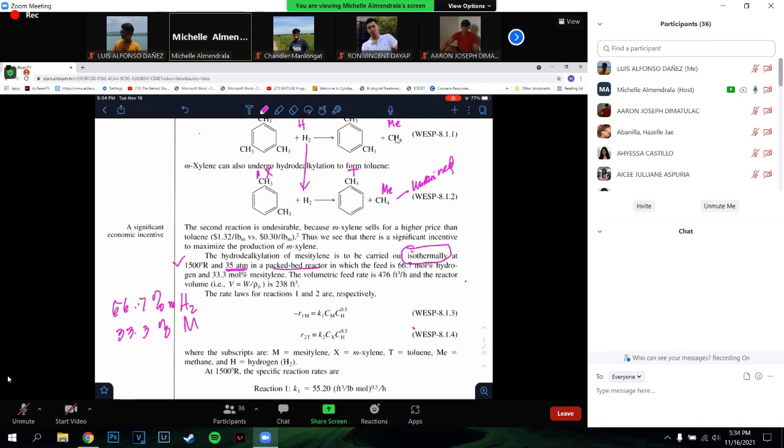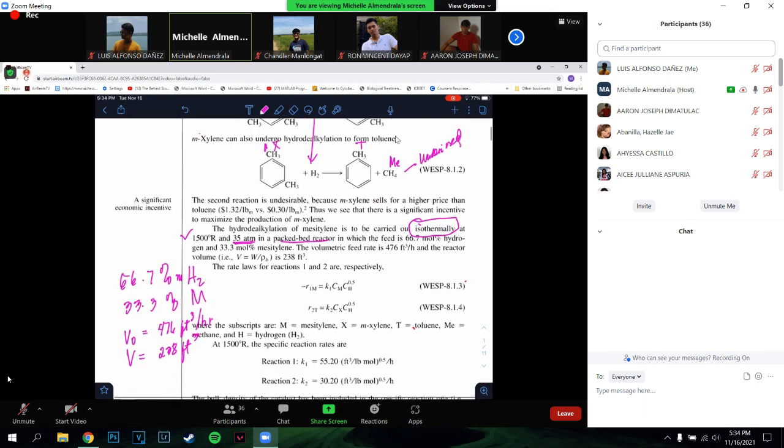The volumetric feed rate, V sub 0, is given as 476 cubic feet per hour, and the reactor volume is given as well, around 238 cubic feet. The rate laws of the reactions are known.